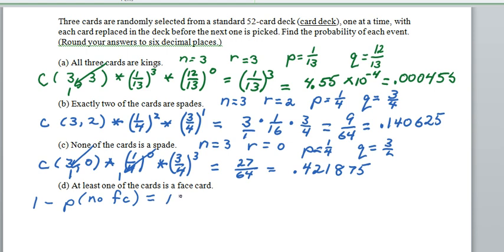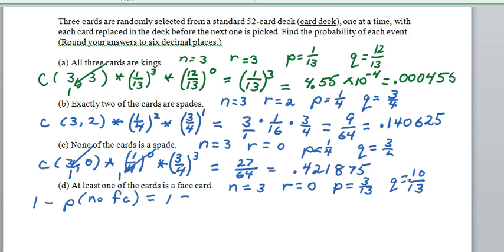This time n is equal to 3. n equals 3. r equals 0 for no face cards. p equals, there are 3 face cards, Jack, Queen, King in every suit, so 3 out of 13. q will be 10 out of 13. 1 minus 3 out of 13, which is 10 out of 13.